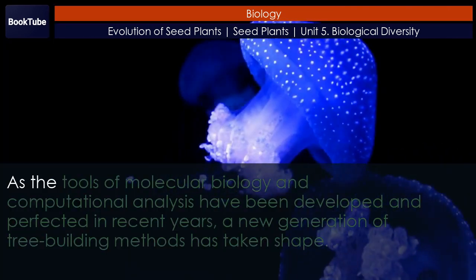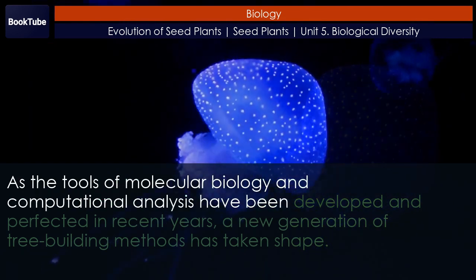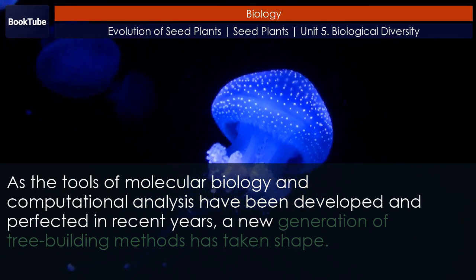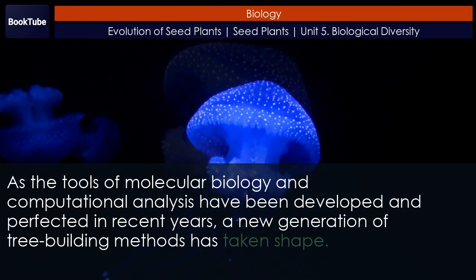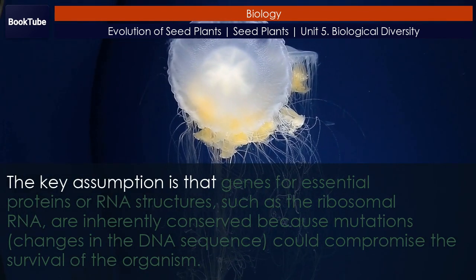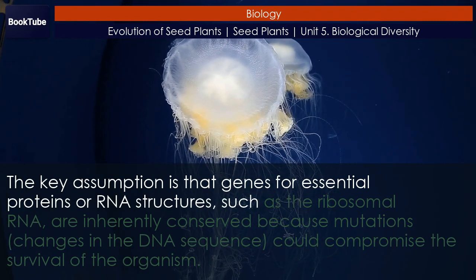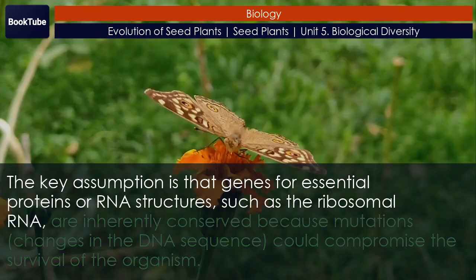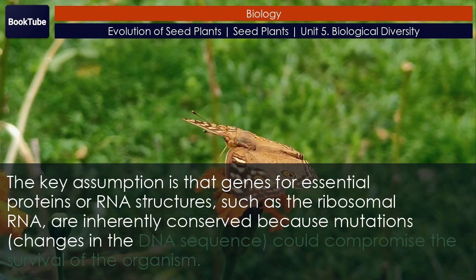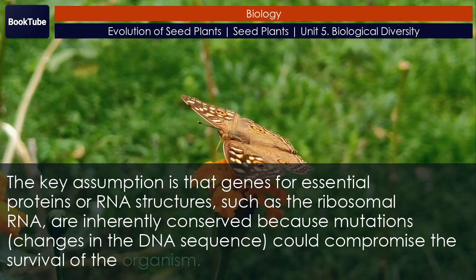As the tools of molecular biology and computational analysis have been developed and perfected in recent years, a new generation of tree-building methods has taken shape. The key assumption is that genes for essential proteins or RNA structures, such as the ribosomal RNA, are inherently conserved because mutations, changes in the DNA sequence, could compromise the survival of the organism.